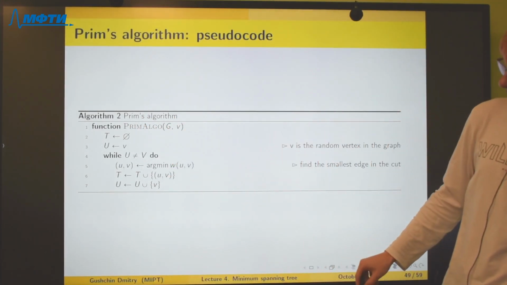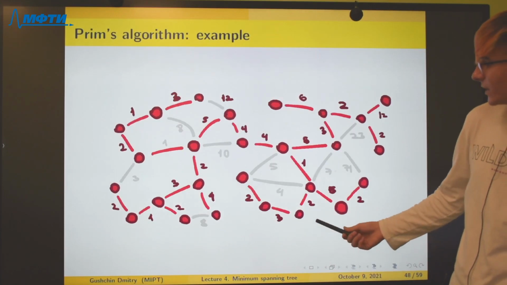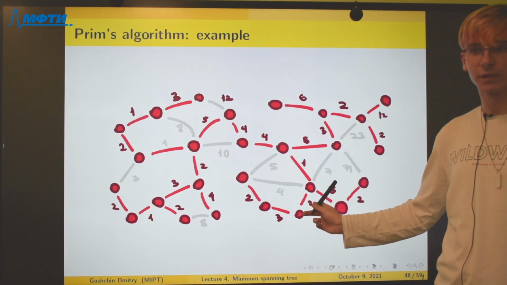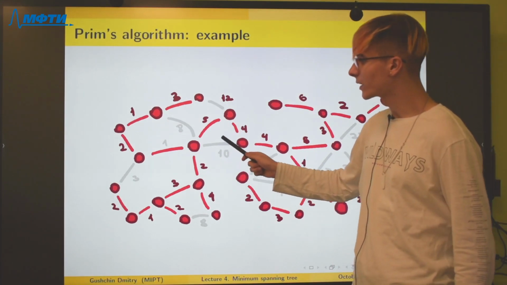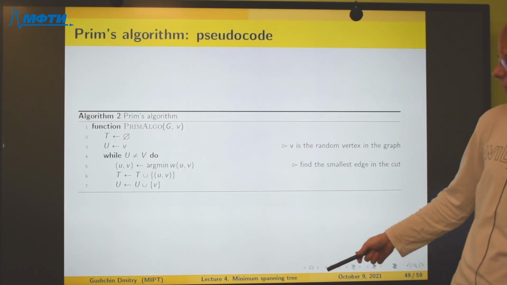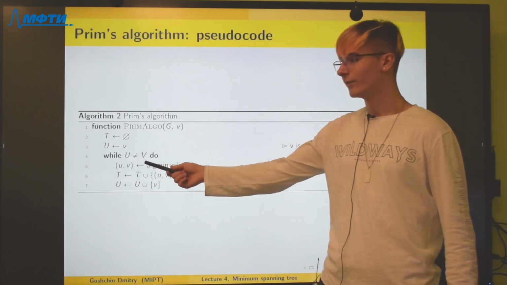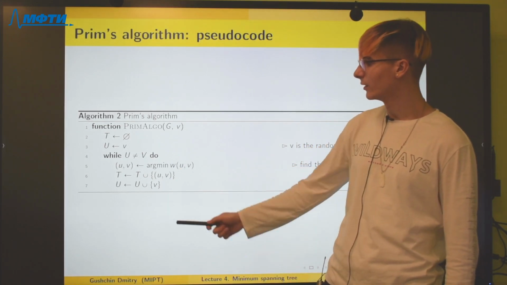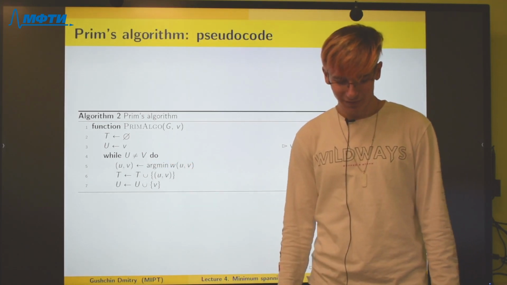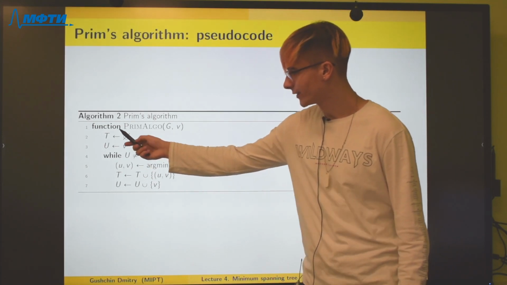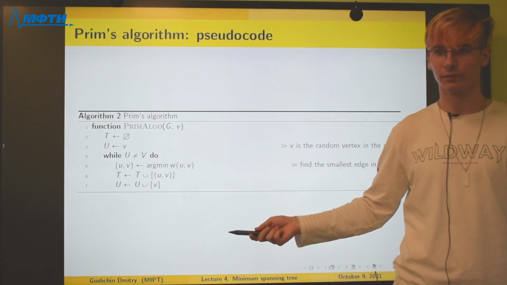So, of course, T is equal to the set of edges in this minimal spanning tree, and U is equal to the set of vertices. So we repeat our algorithm until the vertices U are equal to the vertices of the initial graph, which means that our tree is a spanning tree.